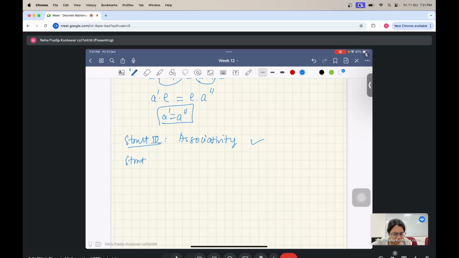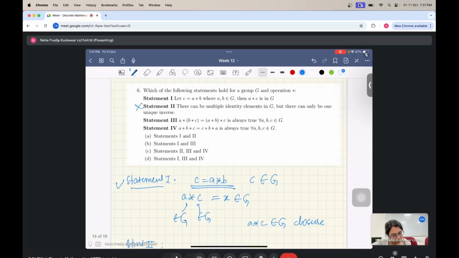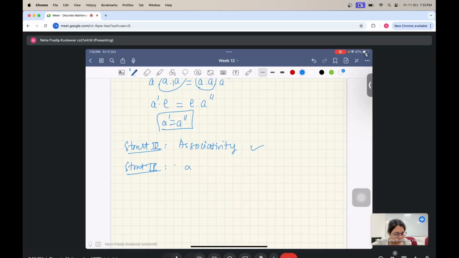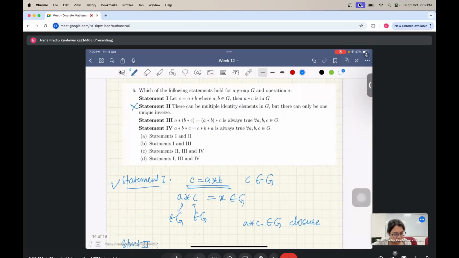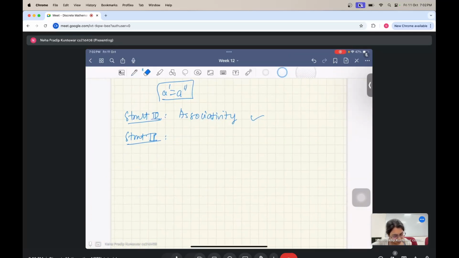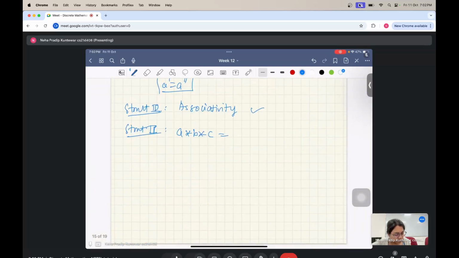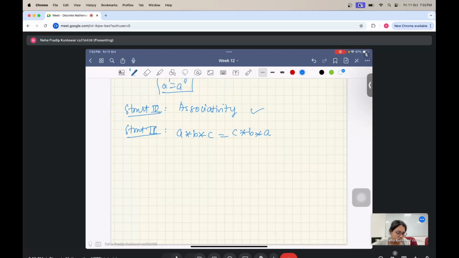So the only thing that remains to see is statement 4, which is that A star, C star, A star. Okay, so this is something that depends on the commutative property of the group.